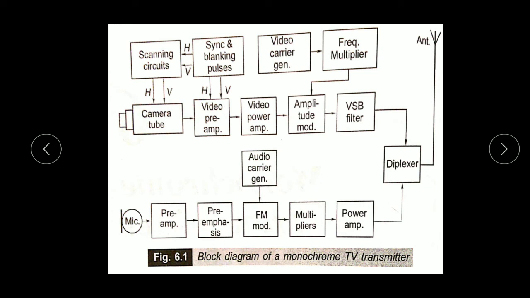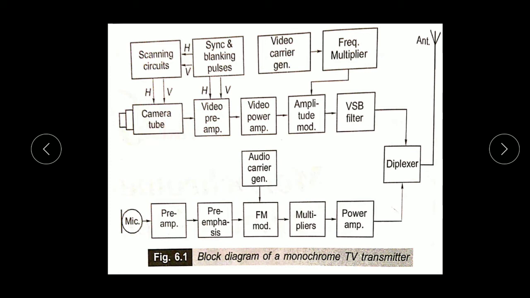The camera tube records the video signal. It converts the optical signal into an electrical signal. It is a kind of transducer.